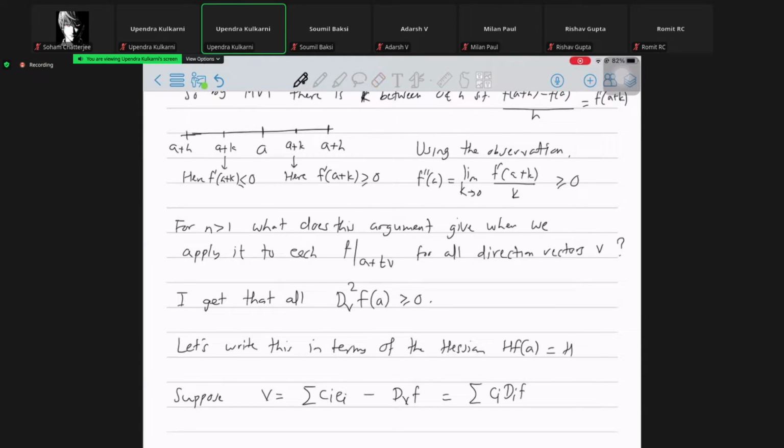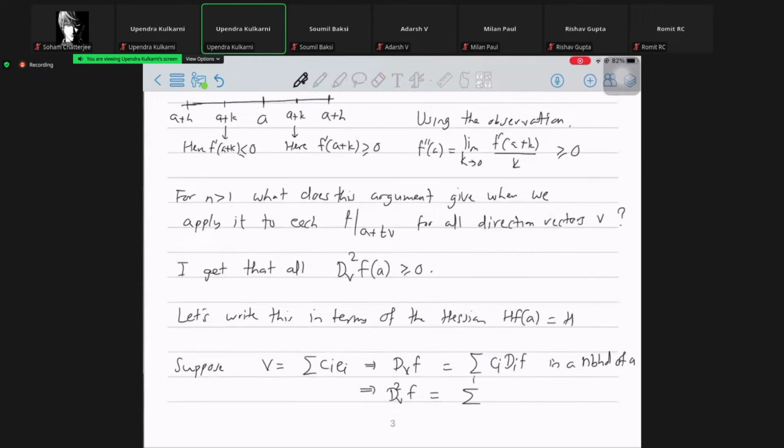And what happens in a neighborhood of a? What happens when I calculate the second partial derivative? What does this give me?